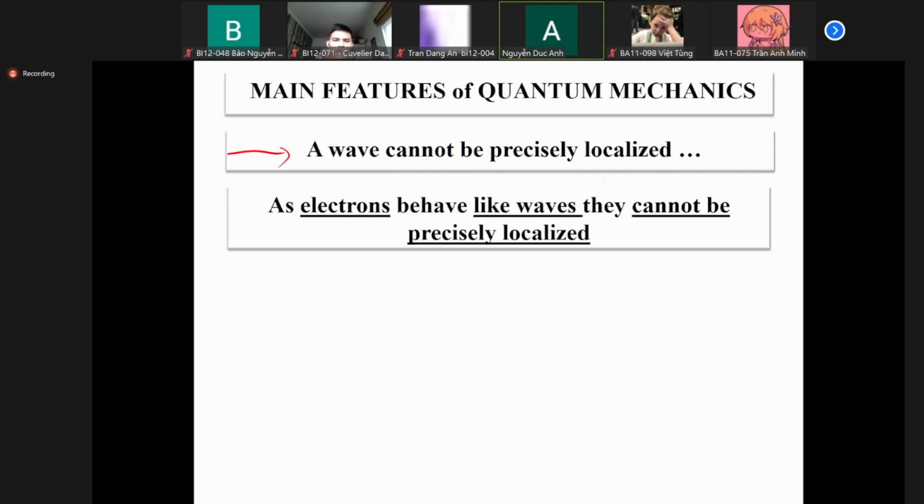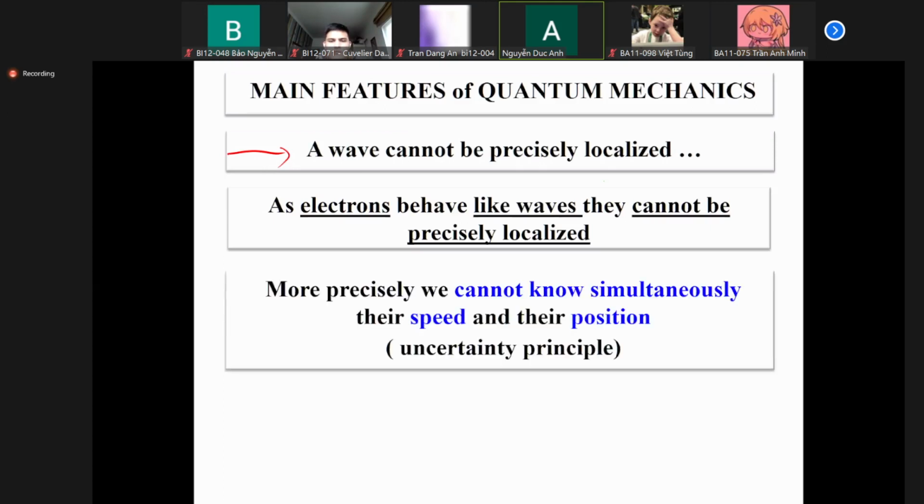And then when the electron behaves like a wave, it means that it will not be precisely localized, like a wave. And then the uncertainty principle appears. You cannot define at the same time the speed and the position of a particle with wave characteristics like electrons.